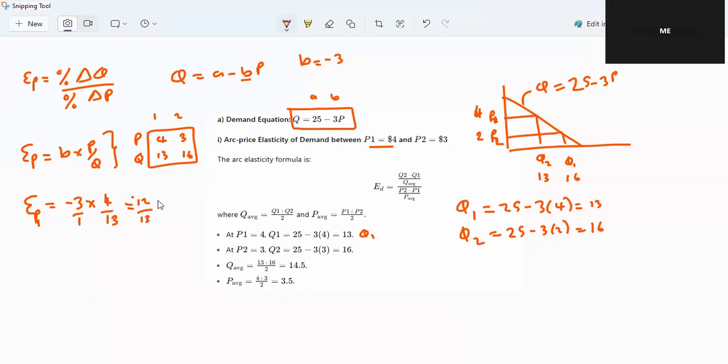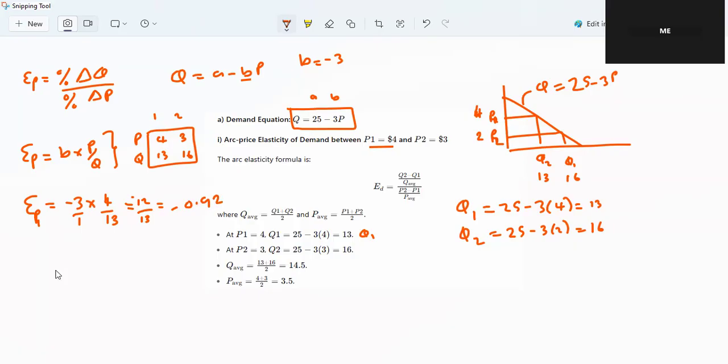What is 12 divided by 13? Negative 0.92. What is the comment we have there? Demand is inelastic.